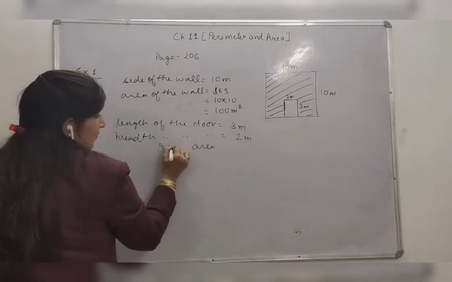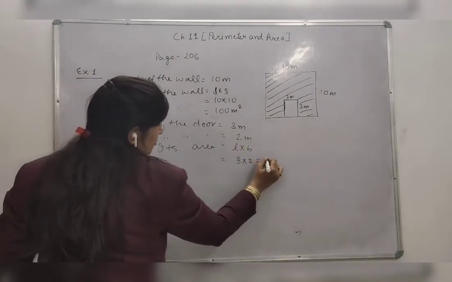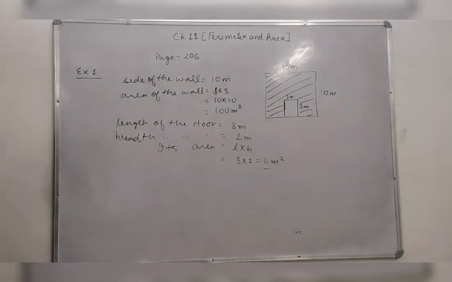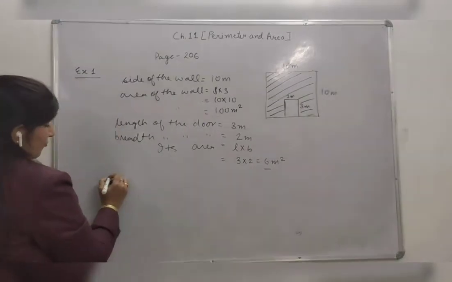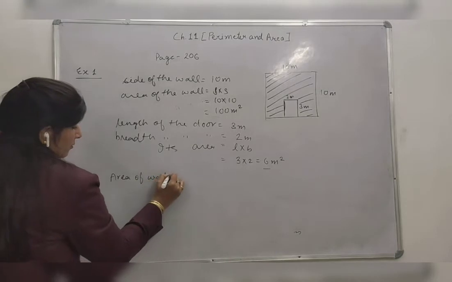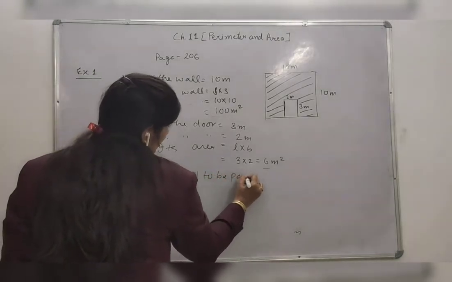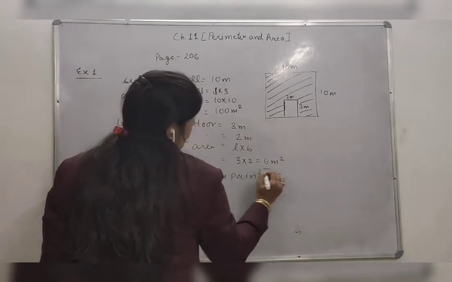Its area will be length into breadth, that is 3 into 2 is equal to 6 meter square. Now to find the area of the wall which needs to be painted, what should we do?